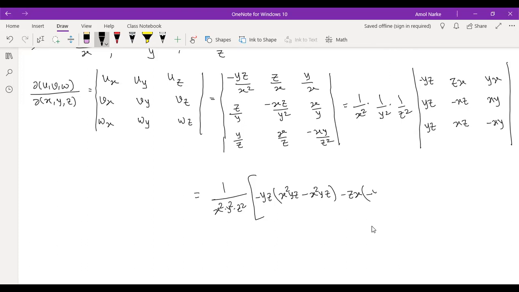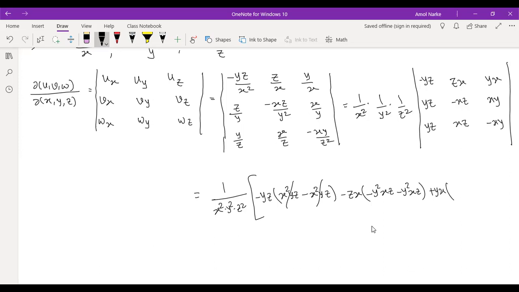Minus y square xz. Here they are not cancelled out because both have minus sign. Here this gets cancelled, so this becomes 0. Now lastly we have yx.